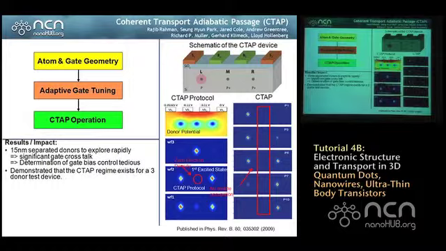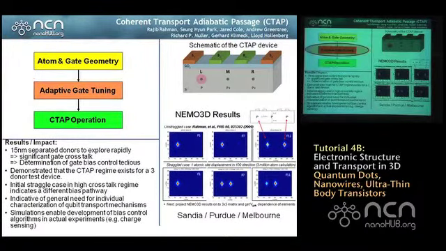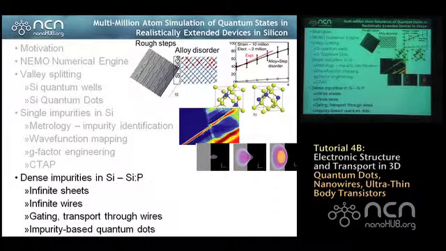So what we now have to think about, and have done so far, is adaptive gate tuning so you can actually find this so-called CTAP path. And that's being done in collaboration with Sandia and Melbourne right now. So that's a rapid overview of what we can do with single electronics in single impurities, where we can look at fingerprints of single impurities in actually FinFET traditional devices, and then having dopant devices like this.